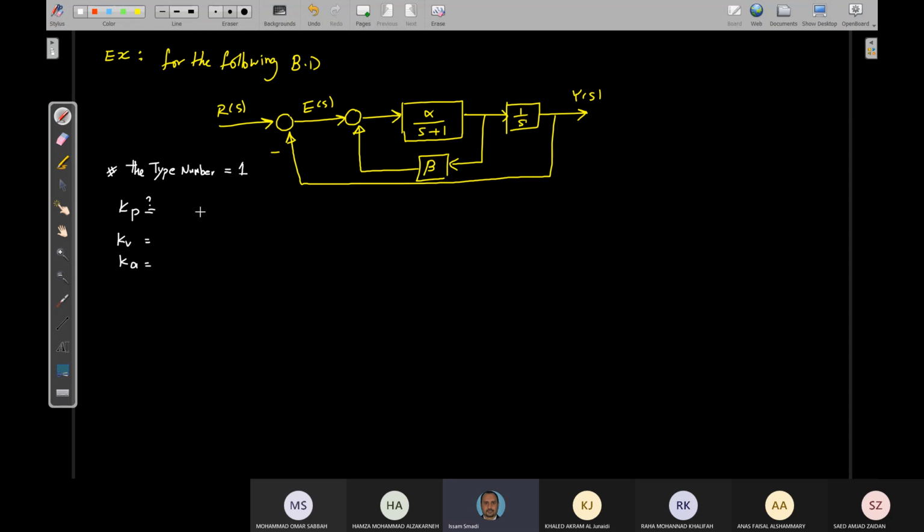Do you remember the definition of the KP was what? It was the limit when S goes to 0 of the loop transfer function, correct? We call it GC G. So here the loop transfer function is actually what? I need to simplify this one, correct?